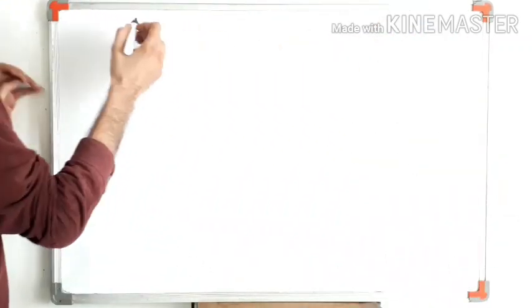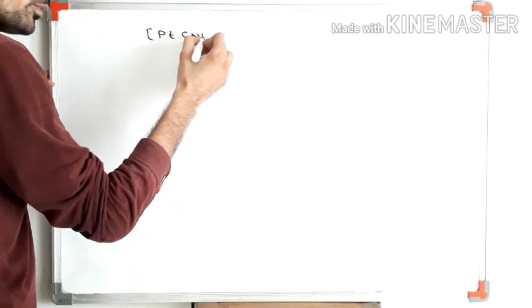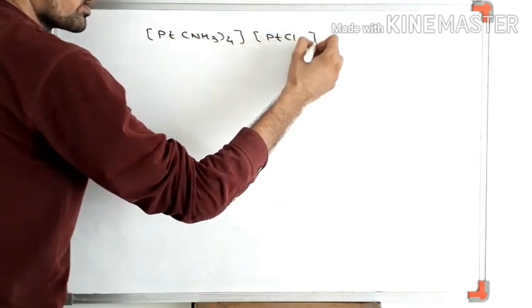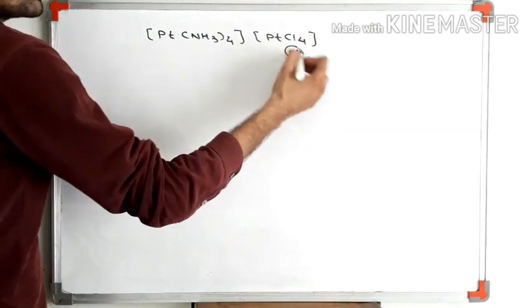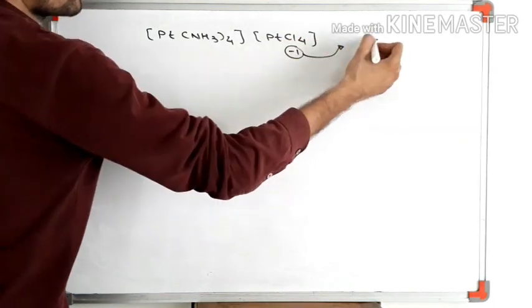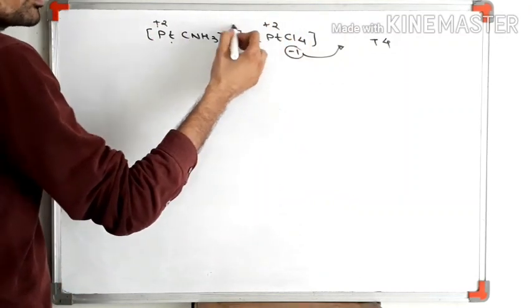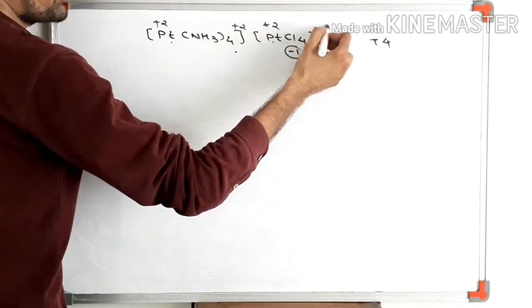Like [Pt(NH3)4][PtCl4]. Ligands: 0, minus 1; metals: plus 2 and plus 2; the complex charges are plus 2 and minus 2.